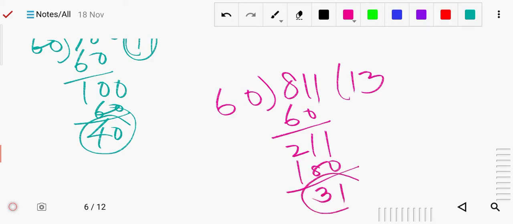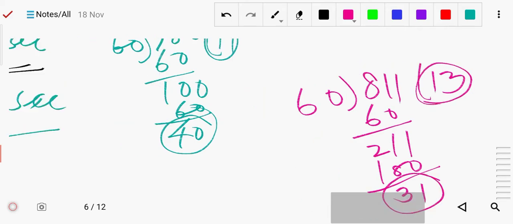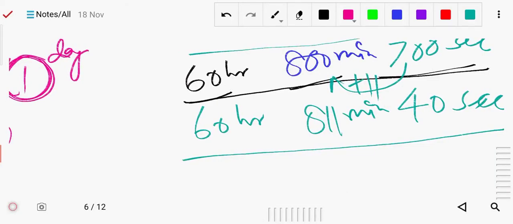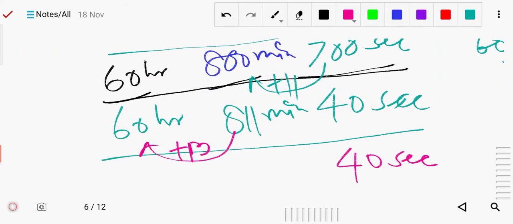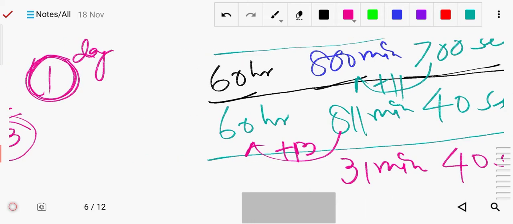Now 31 we will write here, and 13 will be carried to the next part, so plus 13 will be here. Now we write here 40 seconds, the remainder we got is 31, so write here 31 minutes. Now it is added, so it will be 73 hours.